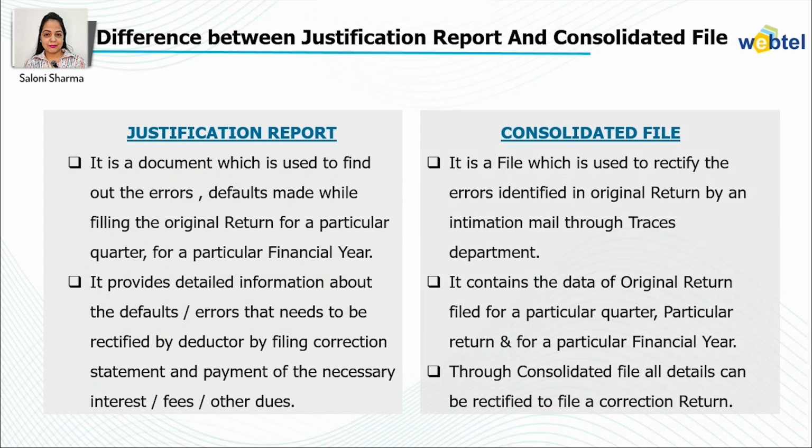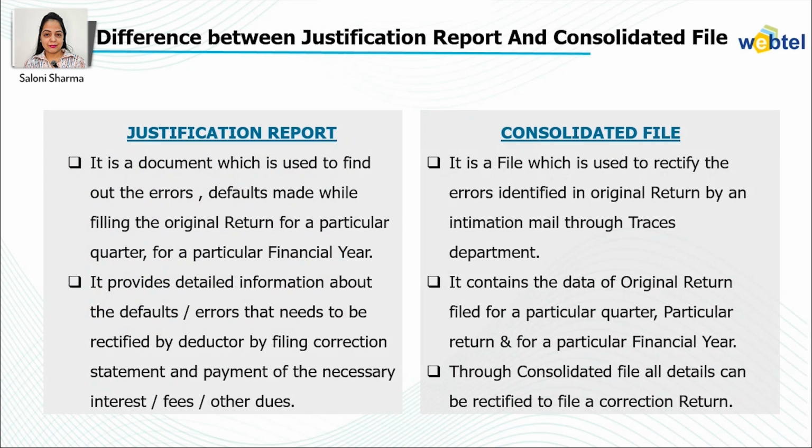Whereas a consolidated file is a file which is used to rectify the errors that have been identified in the original return that has been filed, or that have been received through an intimation mail from the TRACES department, as it contains the data of the original return filed for a particular quarter, a particular return for a particular financial year.